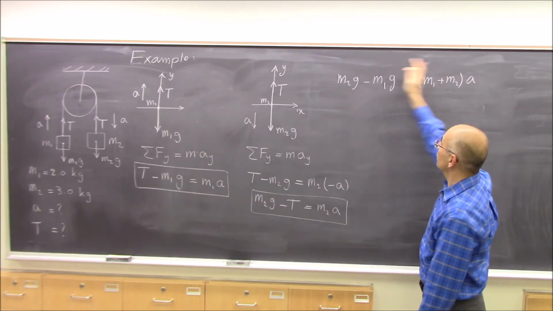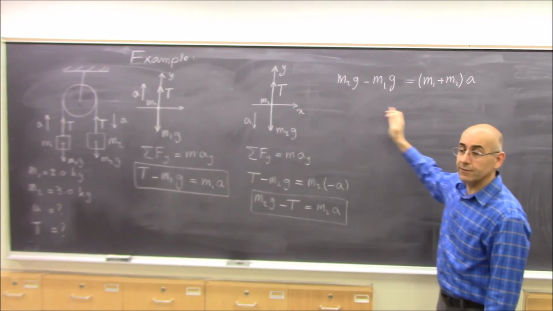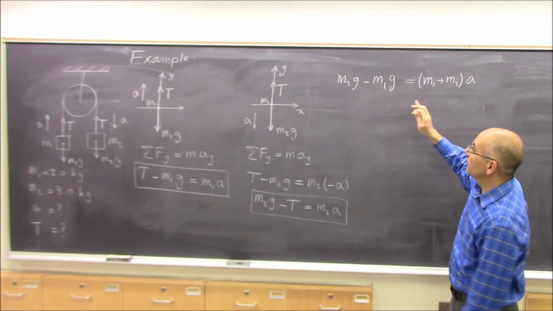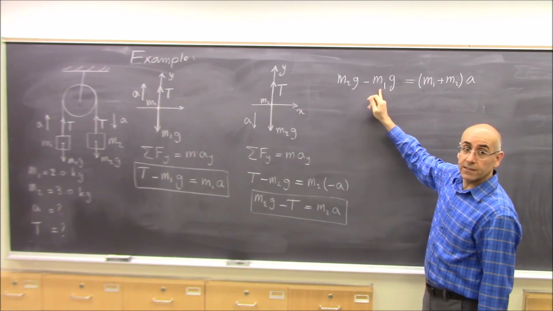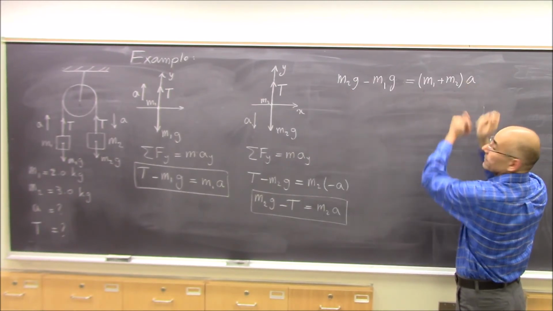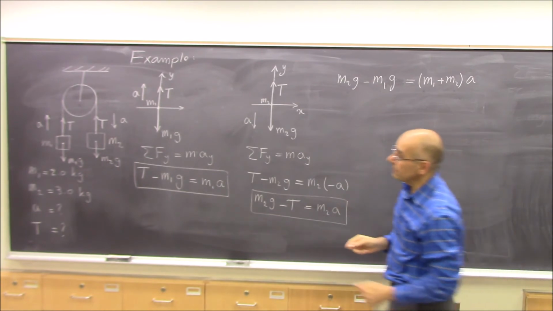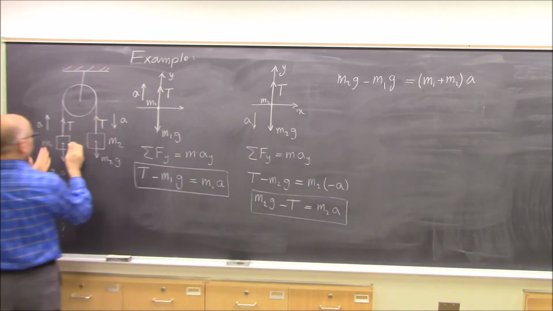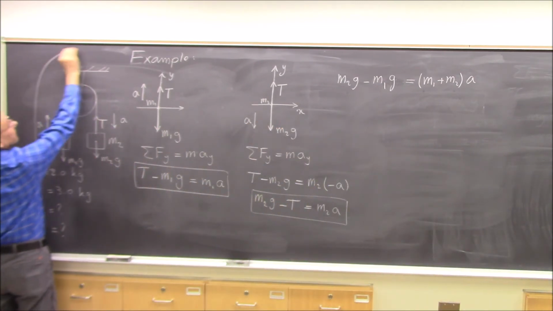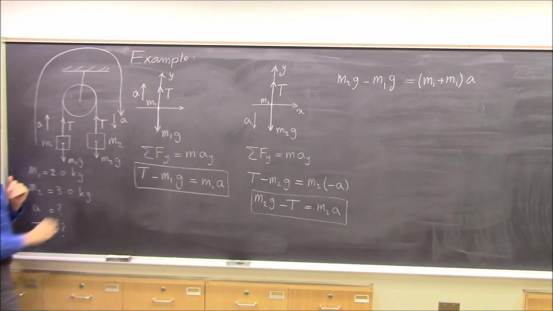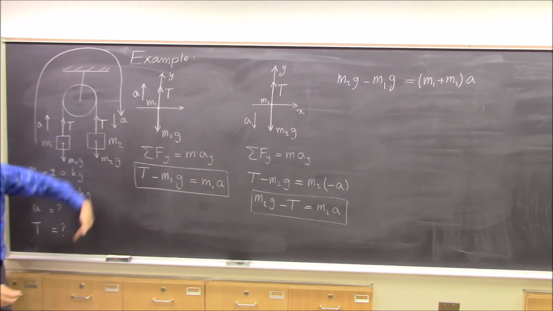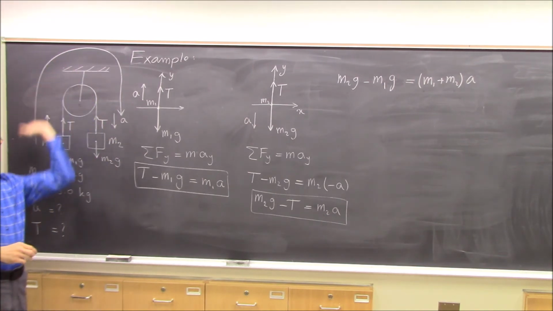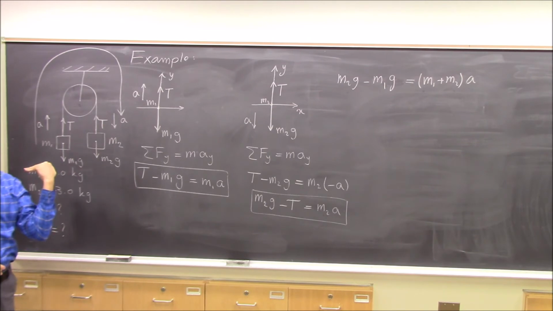And now look at this equation. What does it tell you? You see, M2G minus M1G is equal to total mass times acceleration. It is as if you were considering an axis going up this way and coming back down this way, and both of the objects as one object. M2G is pushing this way, M1G pushing backwards, right?